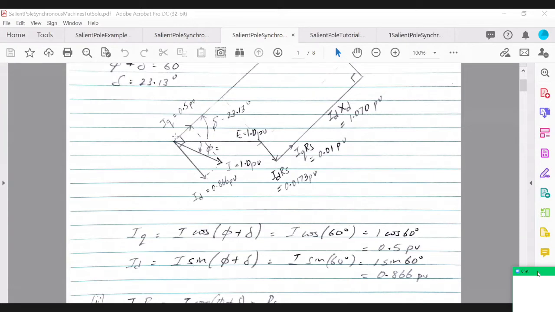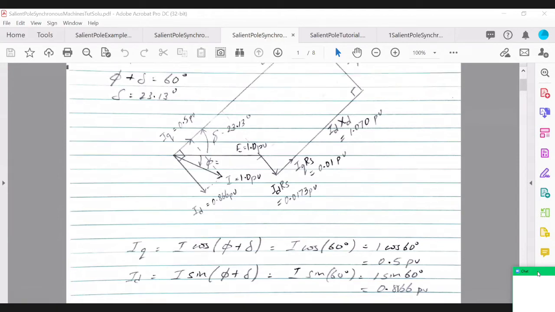One is the adjacent phasor, and the other is on the opposite side, using the sine function. Inserting the values, we can work out IQ and ID in per unit.